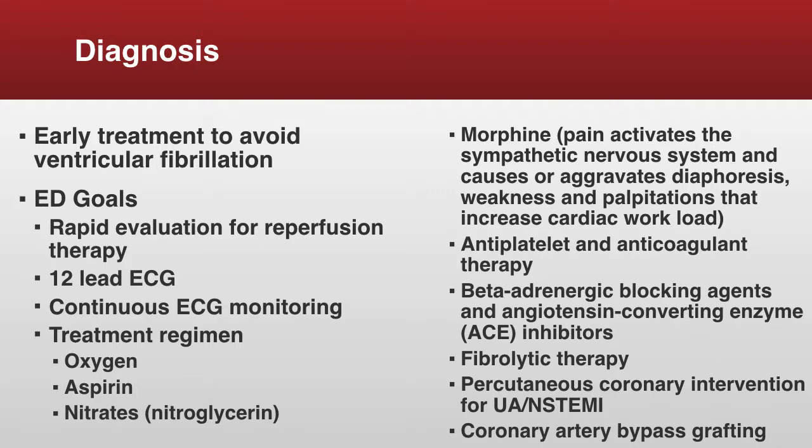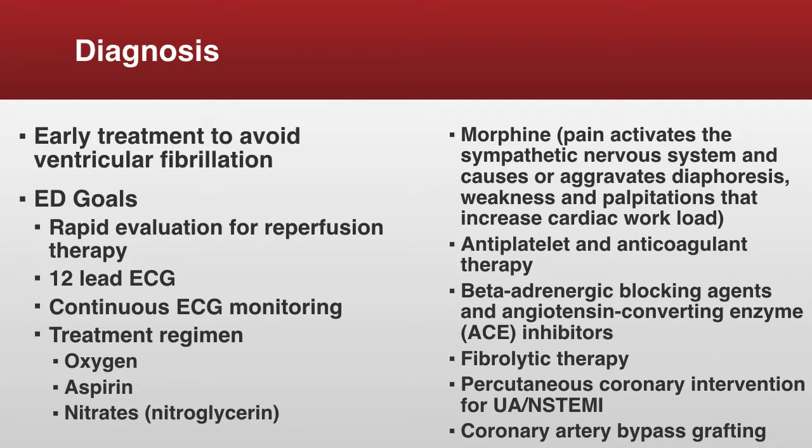Remember, aspirin will keep the platelets from aggregating. So in other words, it will prevent additional clot from forming. Nitrates like nitroglycerin will dilate the vessels, and that may open up that vessel just enough so that blood flow, although not perfect, is reestablished into that heart muscle.